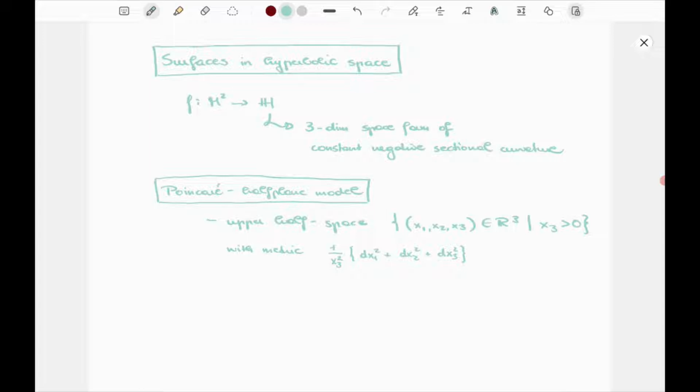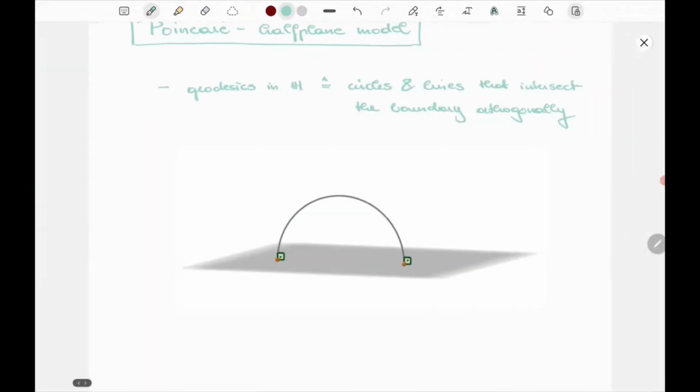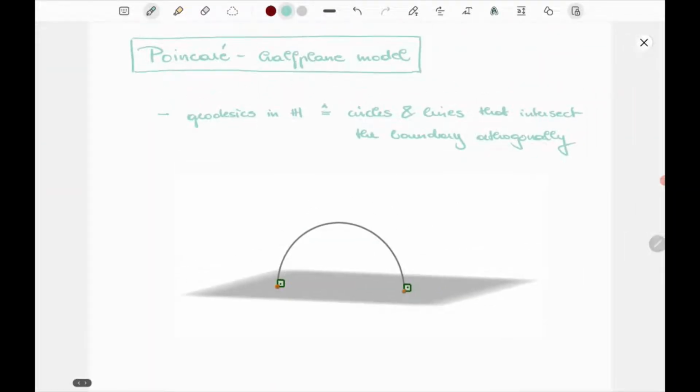As a model for our ambient hyperbolic space, we will use the Poincaré half-space model. So we will consider the upper half space of R3 and equip it with the metric of the following form. In this model, it's in particular simple to describe geodesics.